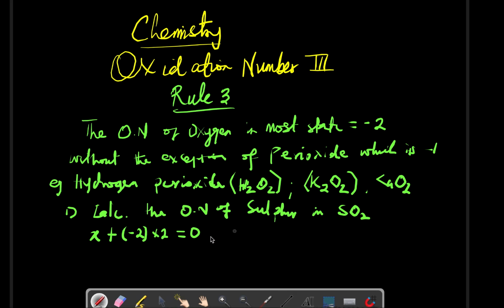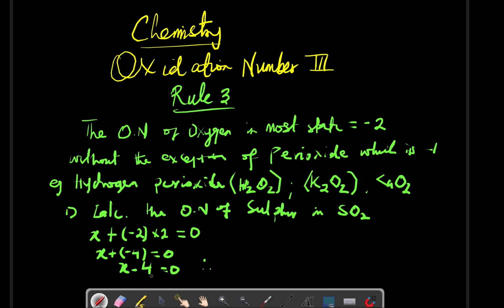I will do it in the next video. So in this case, -2 times 2 will give us -4. So it becomes x plus -4 equal to 0. You know that plus times minus is minus. So you get x minus 4 equal to 0. Finally, if you define this x as sulfur, then add 4 to both sides of the equation.